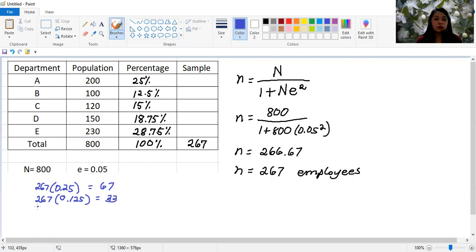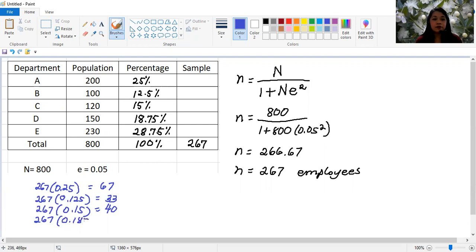And then 267 times 15% is 40.05. Okay? Then 267 times 18.75%.